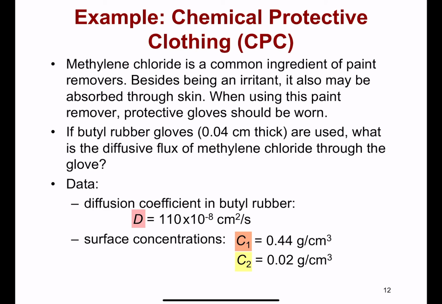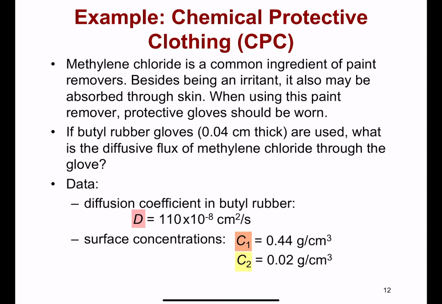So here's methylene chloride, a common ingredient for paint remover. It's an irritant, so typically when one handles this paint remover, you would wear gloves. And so these butyl rubber gloves are typically 0.04 centimeters thick.